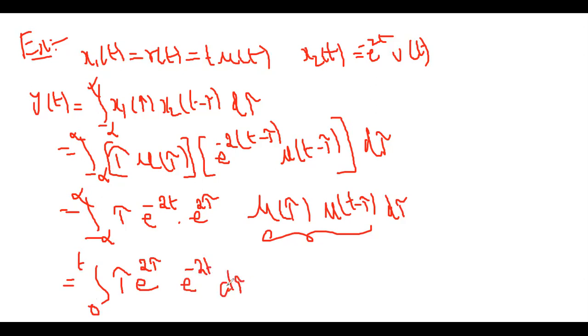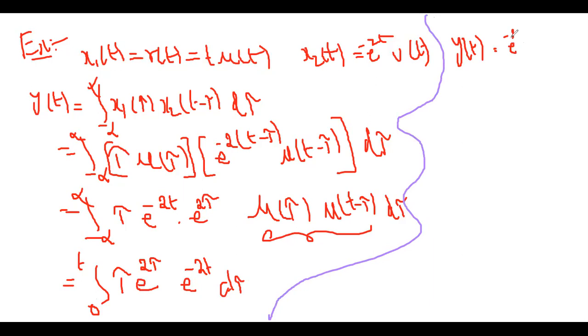Since the integral is with respect to tau, the e power minus 2t is a constant, my students. So y of t is equal to, take the constant outside, e power minus 2t, integral 0 to t, tau into e power 2 tau.